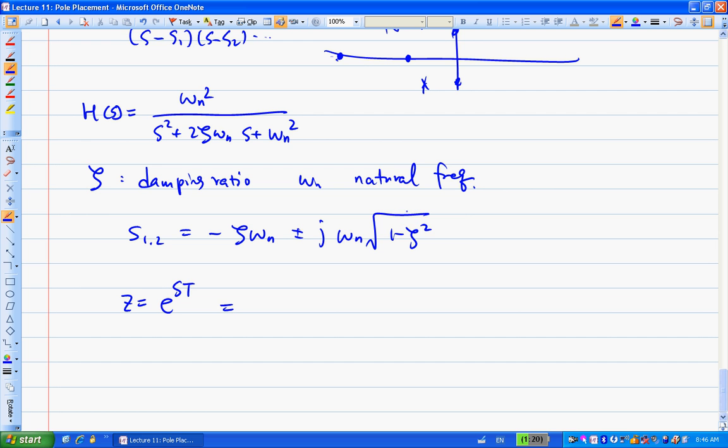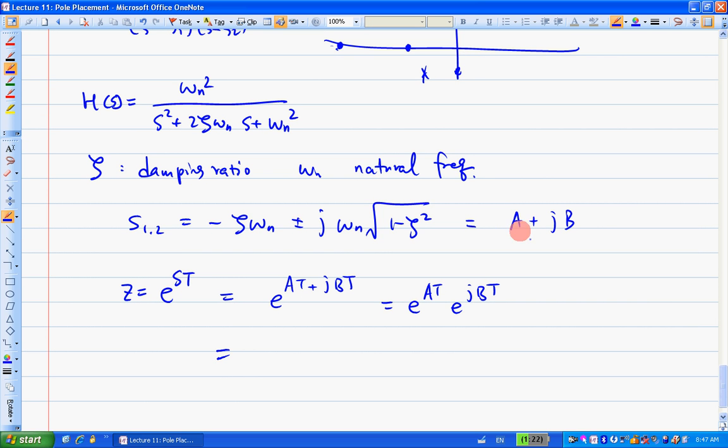If s is like a plus jb, then e to the power of sT is like e to the power of aT plus jbT. Now, e to the power of something plus another can be split into a product.